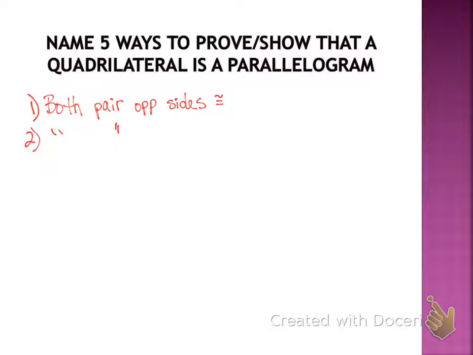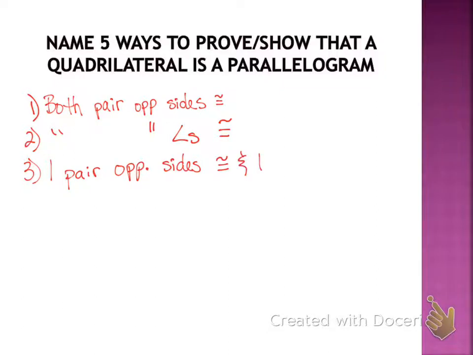Okay, both pairs, opposite angles congruent. That's 2 of them. Okay, one pair, opposite sides congruent and parallel. Okay, diagonals bisect each other.